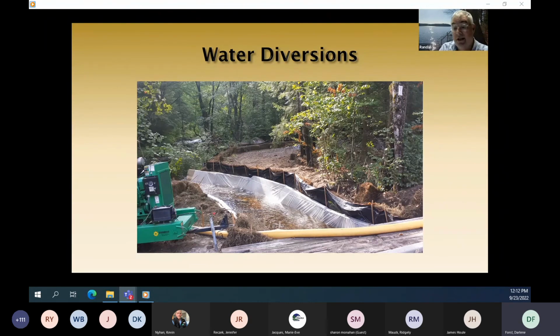And they're two different things. You need to make sure both are working effectively and they're designed properly. It takes some engineering to think this one through. The engineering has gone through to design the crossing, whatever you're doing. That same effort needs to be done in the stream channel itself.